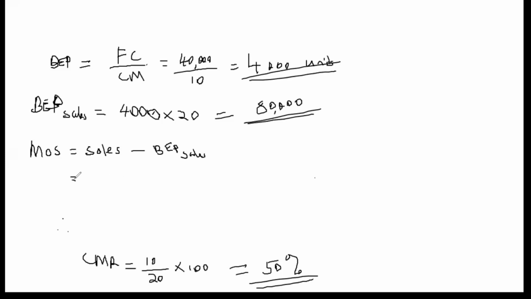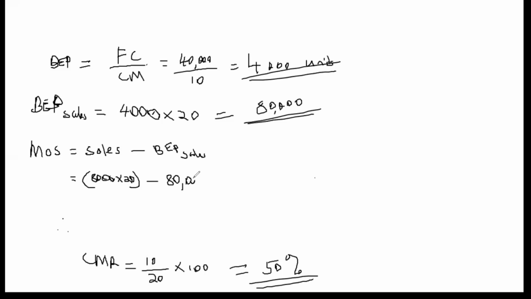So our sales, we've been told we sell 8,000 units. So it's 8,000 times 20, our selling price, minus 80,000.